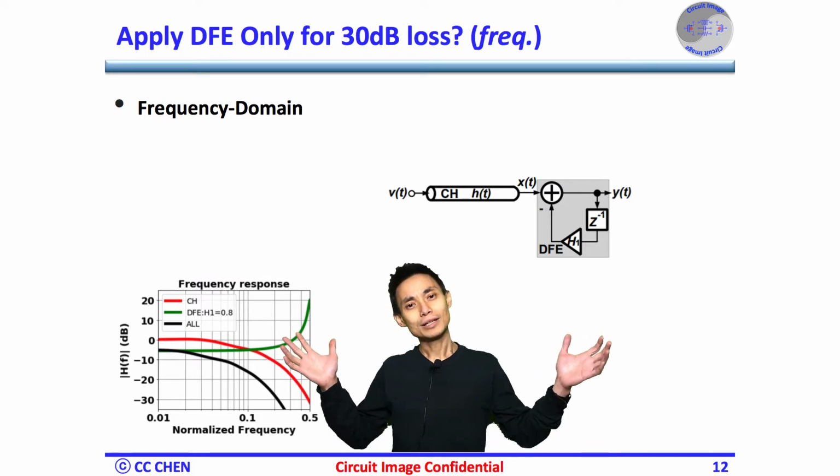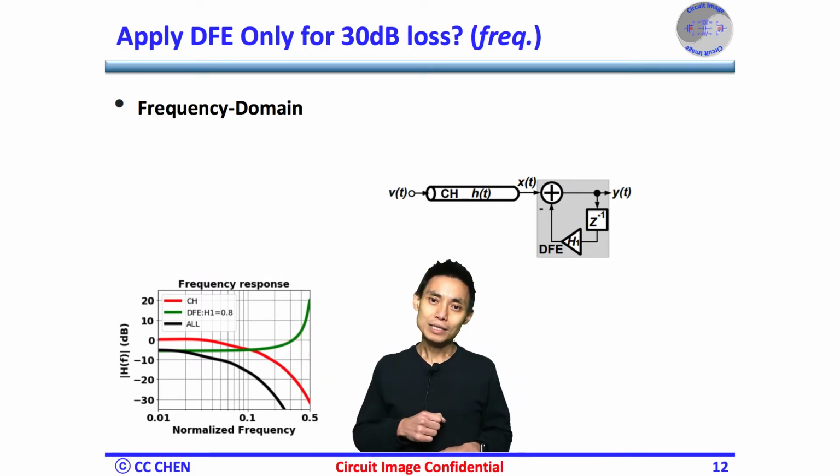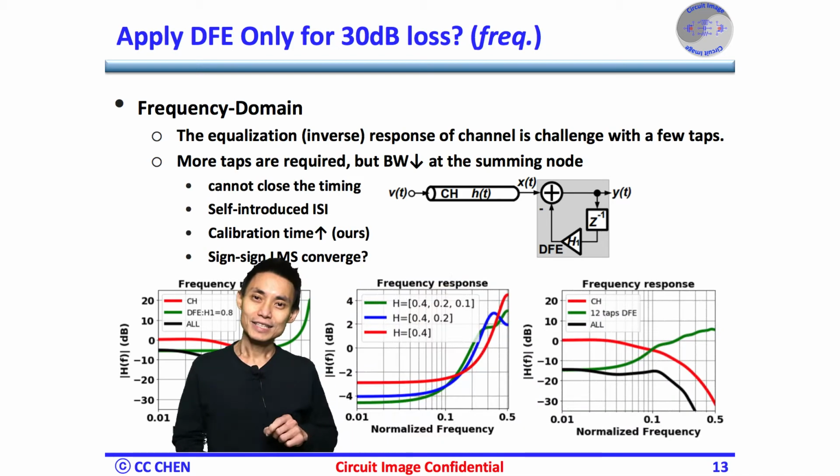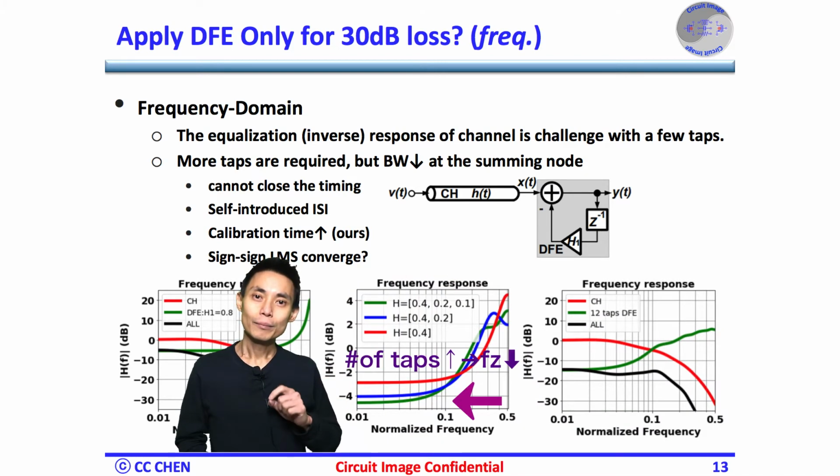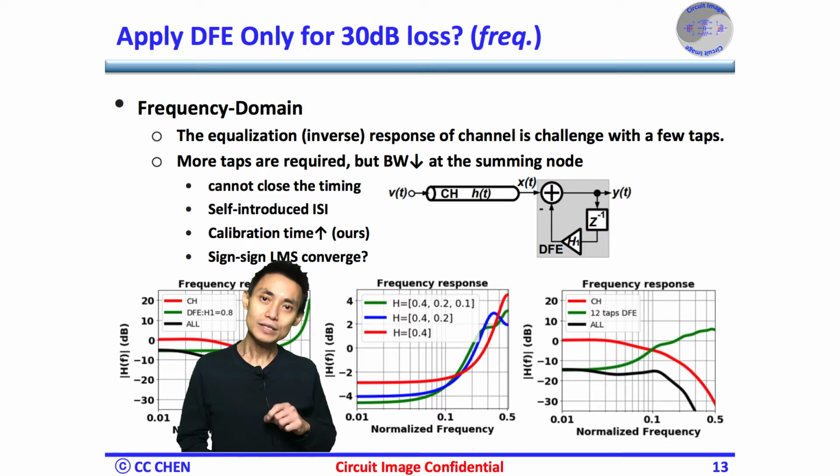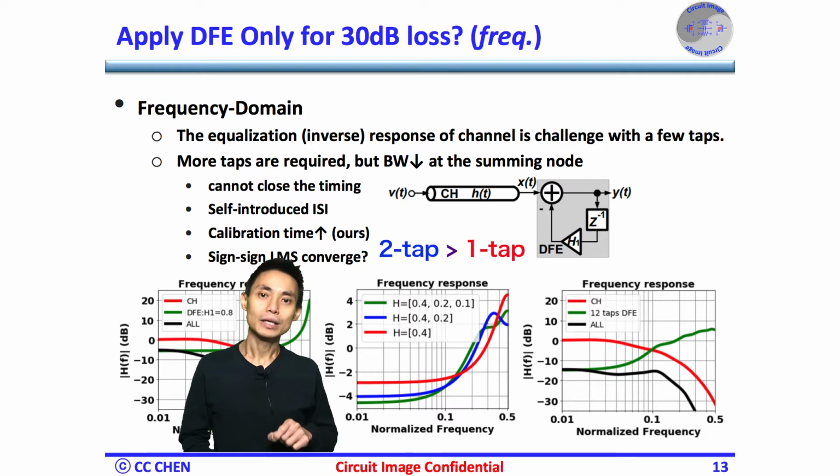What can we do? Any response image? Yes, we can increase the number of taps as shown here. More taps will have a low frequency boost, which would be more like the inverse of the channel response. For example, the blue 2 taps are better than the red 1 tap, and the green 3 taps are better than the blue 2 taps.